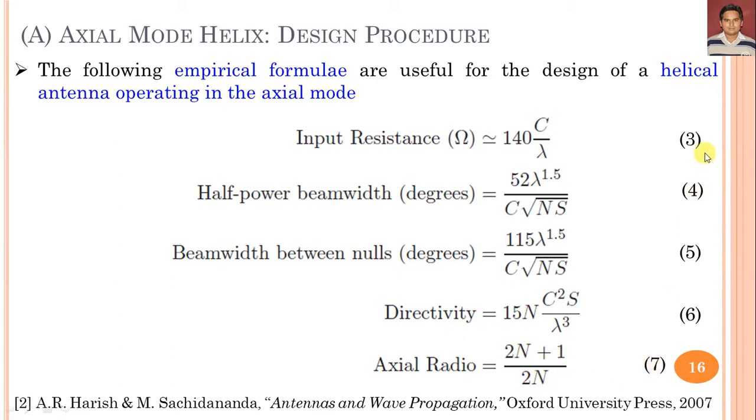So these parameter equations or expressions, represented in 3 to 7, are the ones through which we can design an axial mode helical antenna or helix antenna. Here you can see there are two important parameters that play a dynamic role in axial mode helix: the input impedance, and second, the axial ratio.